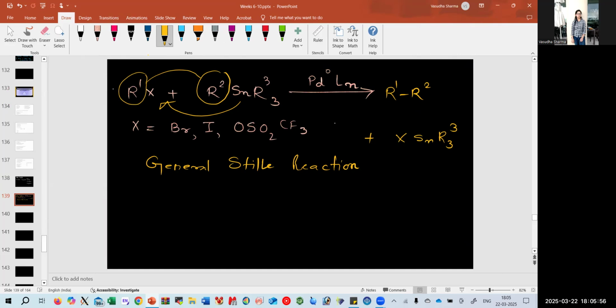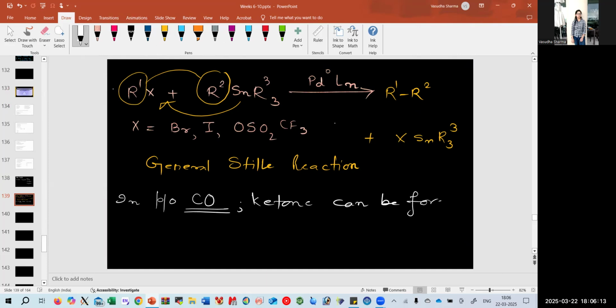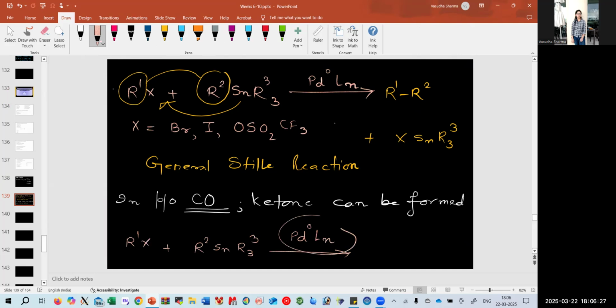If in presence of carbon monoxide, that is CO, we can get ketone formation. It means now if we have R1X, same reagents, in presence of palladium metal, we are also introducing carbon monoxide.